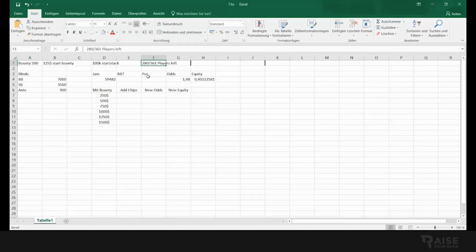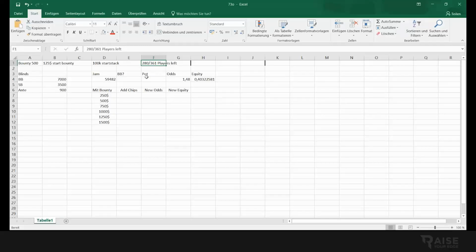PokerStars is different: there the amount displayed is what you can win right away. So always take care if you're using programs and you snip out a certain situation in a lobby or at the table. At Party Poker it's always the total bounty, so you divide this by 2, and at PokerStars you double the number you see at the table for the full information on how much bounty the player has.